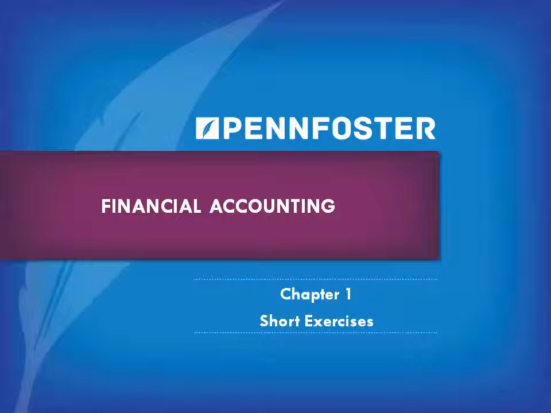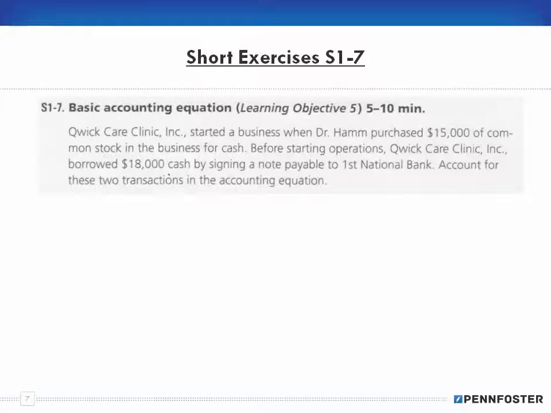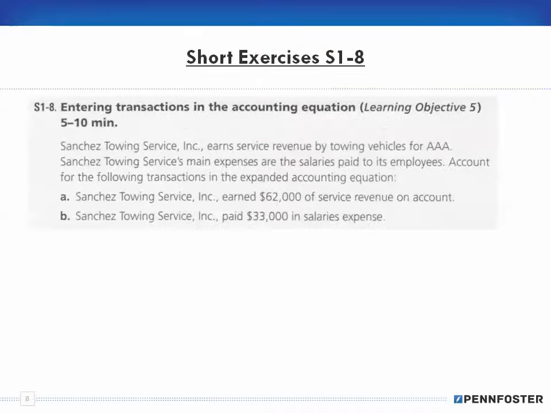We had finished 1-7, so we're on short exercise 1-8. It says, enter transactions in the accounting equation. Sanchez Towing Service Inc. earns service revenue by towing vehicles for AAA.